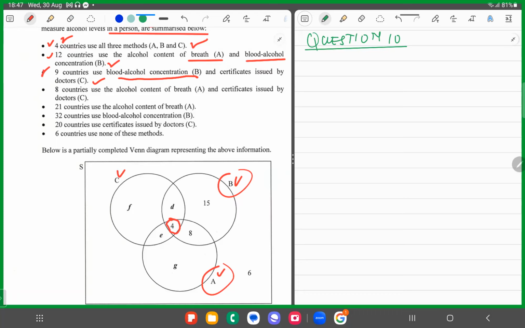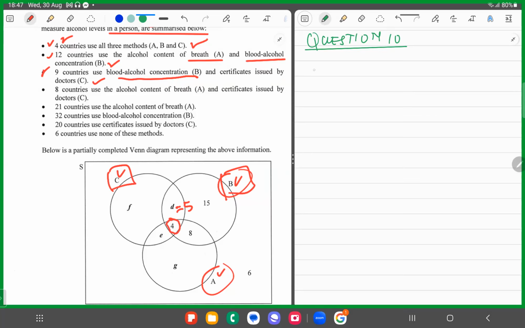So 9 countries use blood concentration B and certificates issued by doctors. Now you have that 9 countries use B and C. If there are to be 9, it means D is 5, because 5 plus 4 is 9.